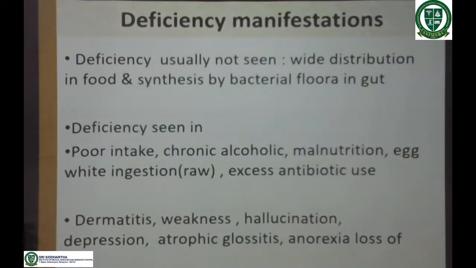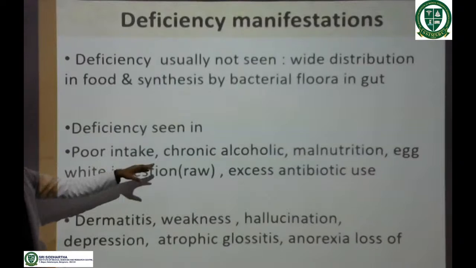In which patients will you see biotin deficiency? Patients whose intake is very poor through the diet, that is bedridden patients, or patients on parenteral nutrition, who are not taking food properly.